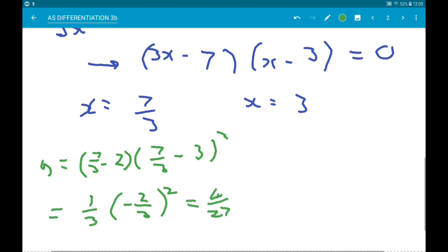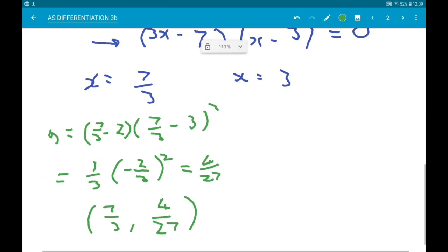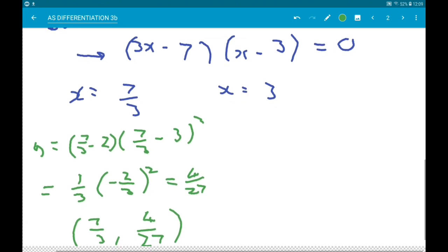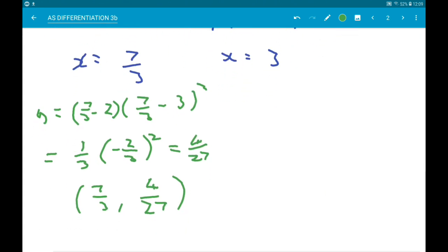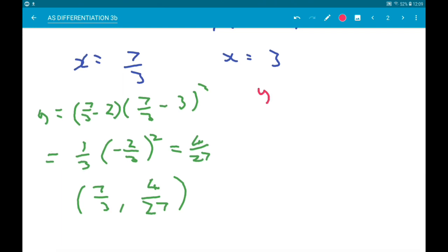So, one of our stationary points is at 7/3, 4/27. Now the other one is much easier. So when x is 3, y is 3 minus 2 times 3 minus 3 squared.